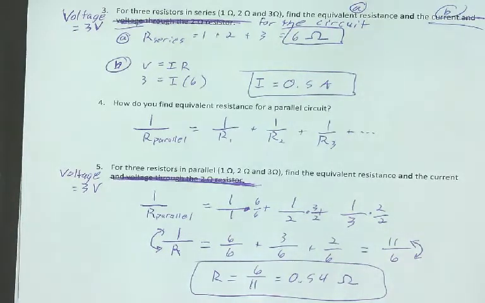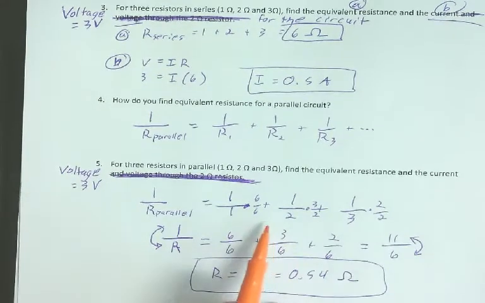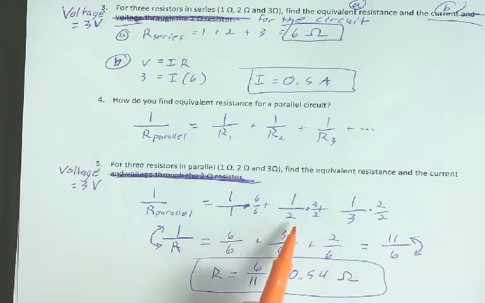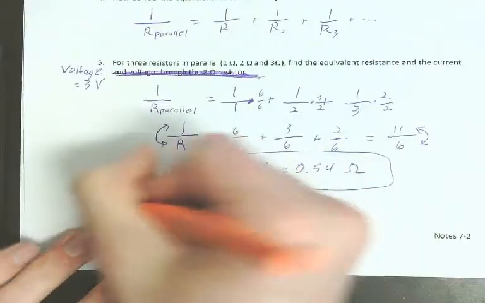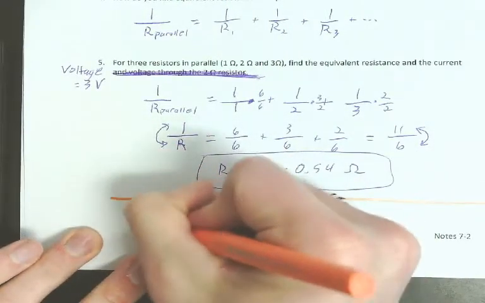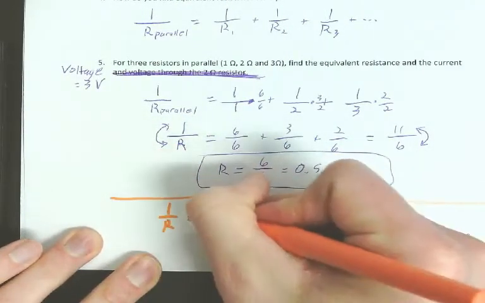Now, if you are absolutely atrocious at fractions, if you looked at this and you're like, then turn it into decimals. But let me show you how to do it in decimals. Okay? 1 over R equals 1.